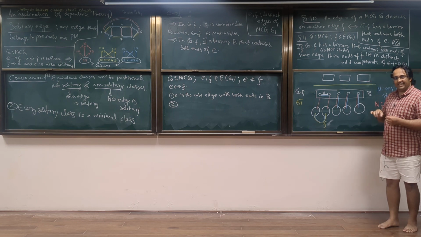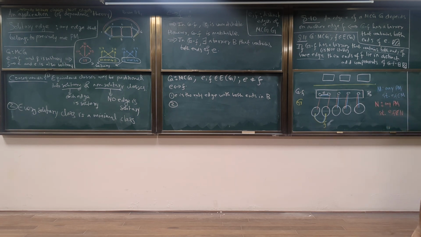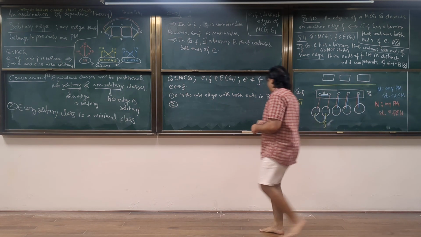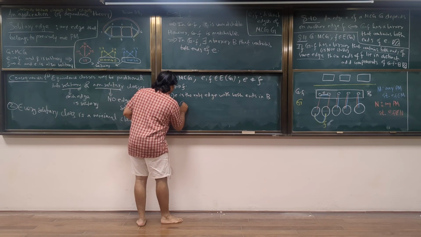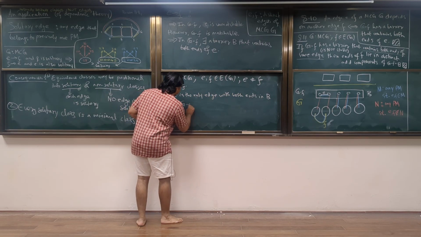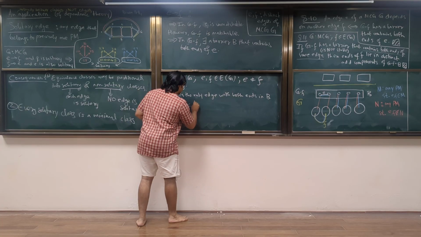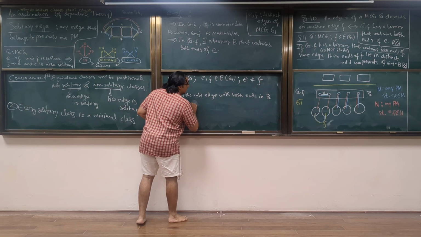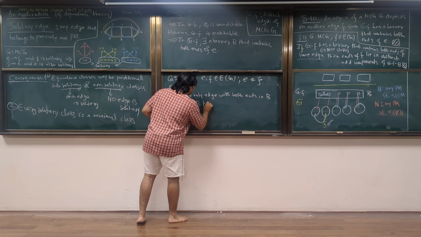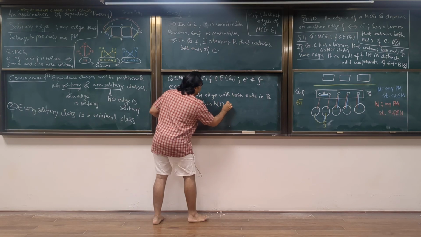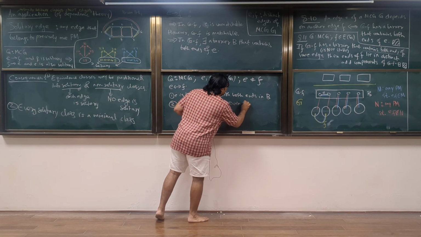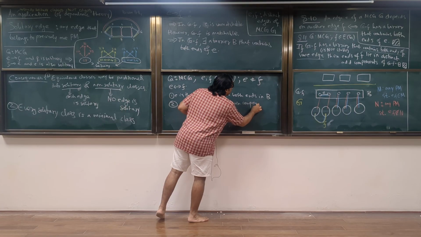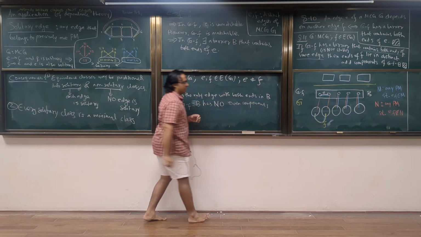So we concluded that there are no even components. G minus F, minus the barrier, has no even components.